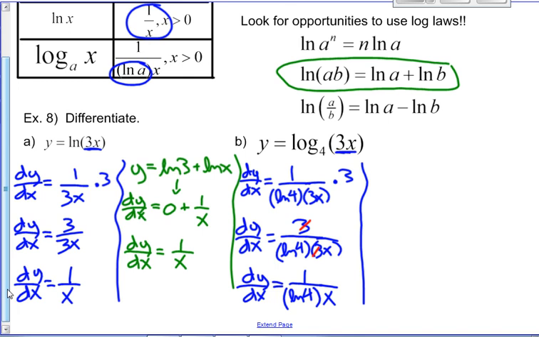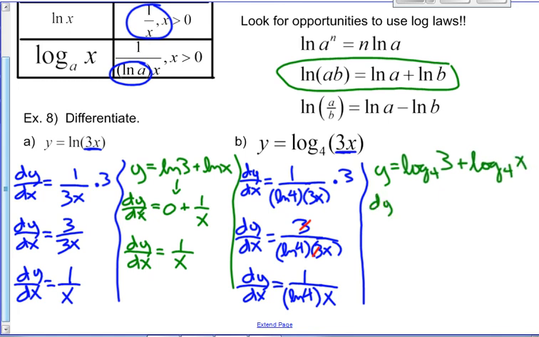If we were to do this instead with our log laws, I wrote all the log laws just with base of e with natural logs, but it works for any base. So we could write this as log base 4 of 3 plus log base 4 of x.